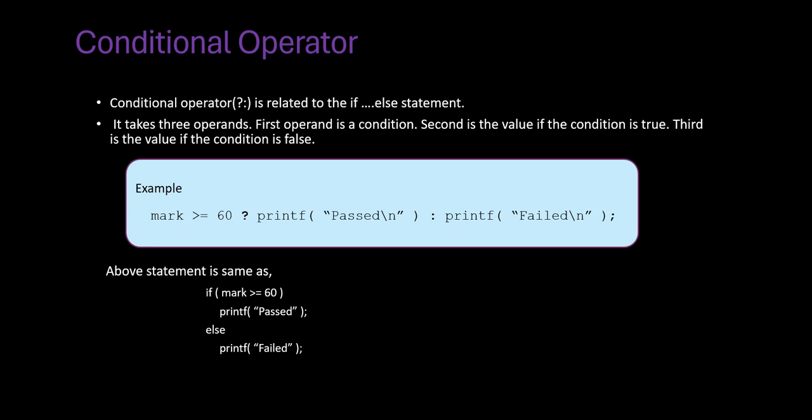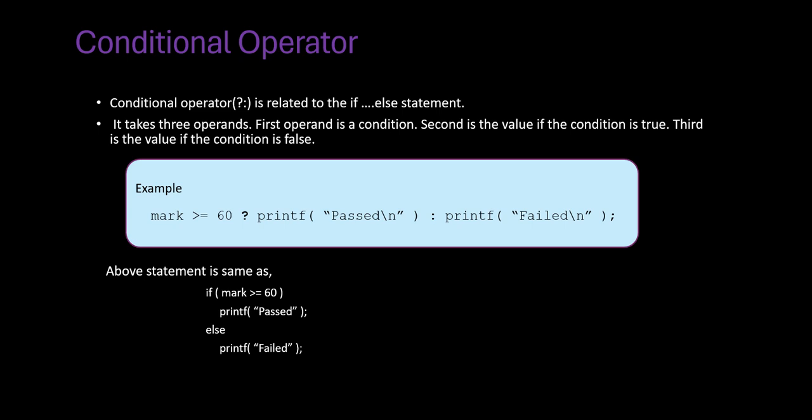Now here, mark is greater than or equals to 60. That is the condition. Then printf passed. That is the value if the condition is true. Now next one is printf failed. That is the value if the condition is false.